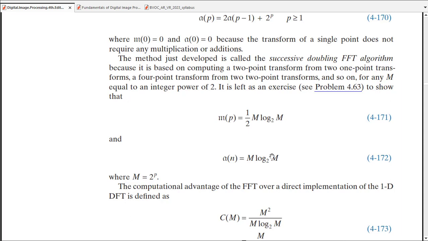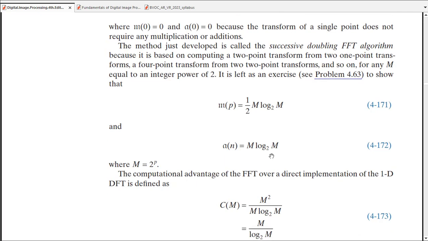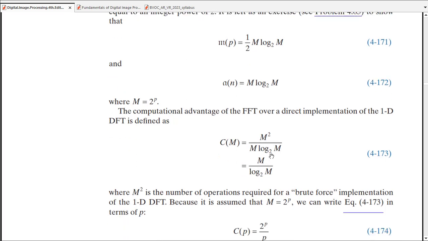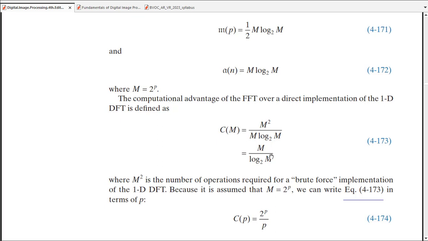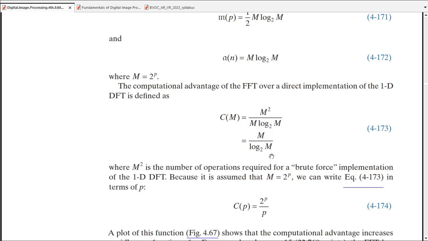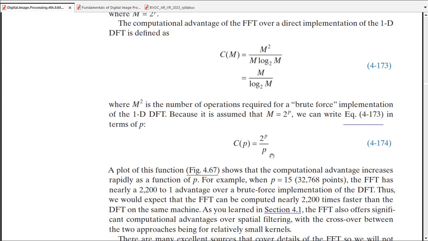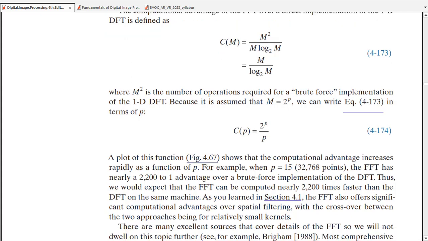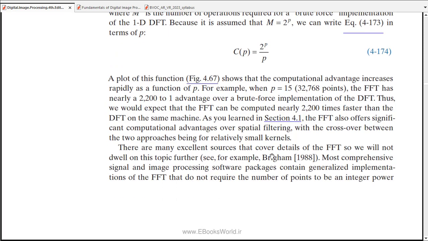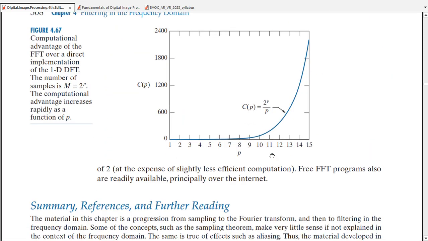So M(p) equal to 1 by 2 M log 2 M, and the addition count A(n) equal to M log 2 M. Finally, the computational advantage of the 1D DFT over the FFT is C(M) equal to M divided by log 2 M. Substituting M equal to 2 power p, C(p) equal to 2 power p divided by p.